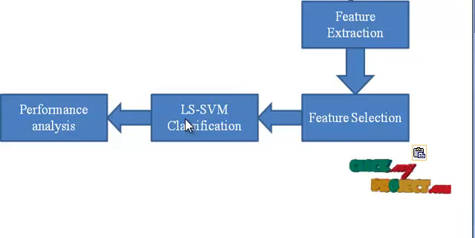The least square support vector machine compares the test feature with the train features and provides the label of the feature that matches in the train features. Based on the label, we classify the signal as normal or abnormal.